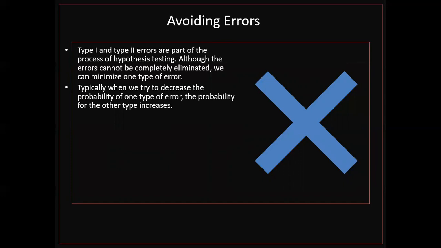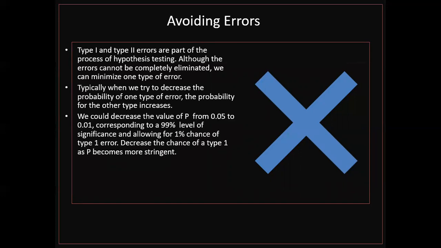So there's always going to be a trade-off, but psychologists believe that that 5% is the happy medium. We would decrease the value of P from 0.05 to 0.01, corresponding to a 99% level of significance and allowing for a 1% chance of a type 1 error, decreasing the chance of a type 1 as P becomes more stringent.